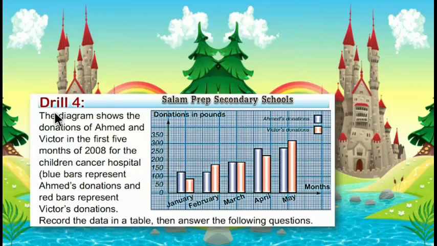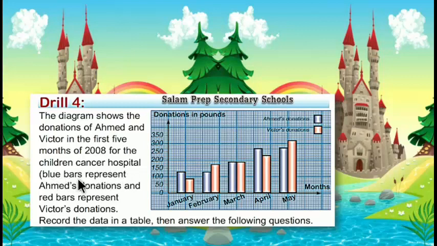Let's solve drill 4. The diagram shows the donations of Ahmed and Victor in the first 5 months of 2008 for the Children Cancer Hospital.